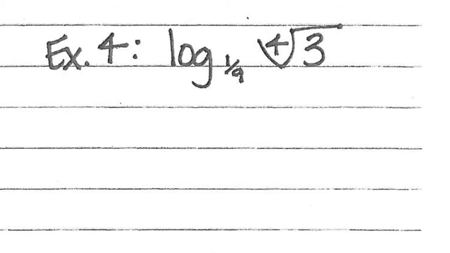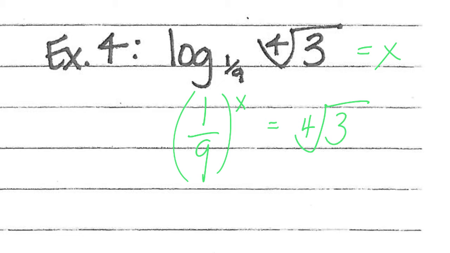I'm going to skip around a little bit to not go over every single example. This is saying log base 1/9 of the 4th root of 3, and we're trying to figure out what this is. What this is really asking is, we're going to make this equal to x. They're saying 1/9 to what power is the 4th root of 3?